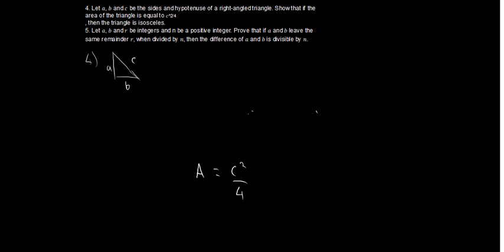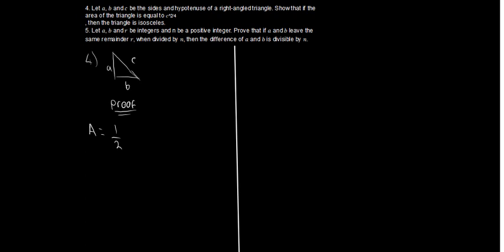So let's begin. We're going to start off with our proof. For you, just follow along. So we're going to say proof. Just going to split my screen like that so I have everything in one screen. We know that our area is equal to 1 over 2 BA, which is also equal to c squared over 4.